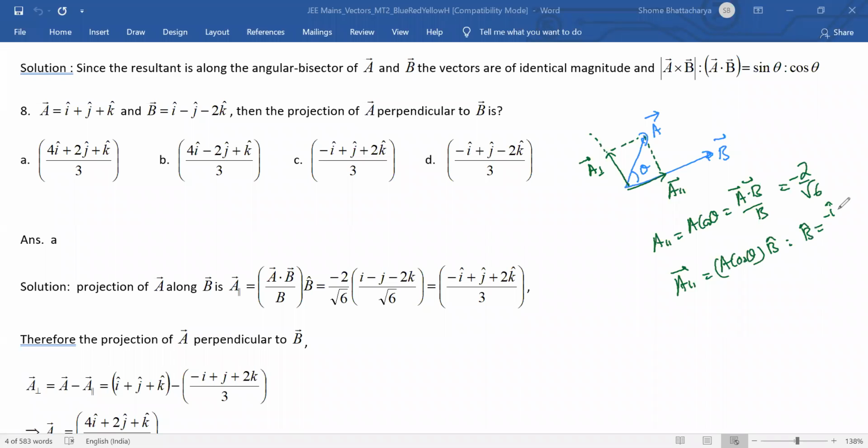So it's minus i cap minus j cap minus 2k cap divided by root 6. So the product of these two things will give you this. So this is your parallel component. It's minus i cap plus j cap. Sorry, this should be minus j cap here. Oh no, you're multiplying the minus sign, so this should be plus.